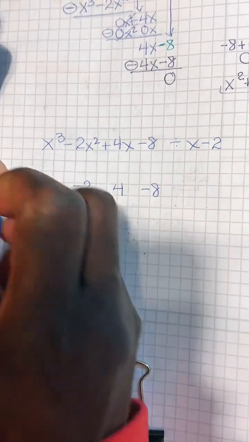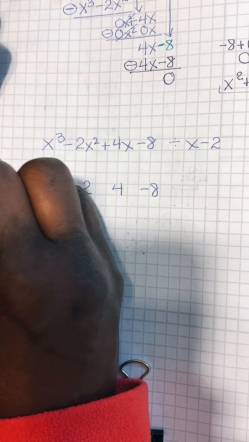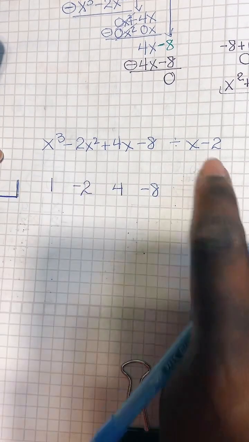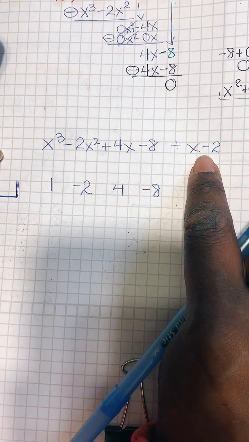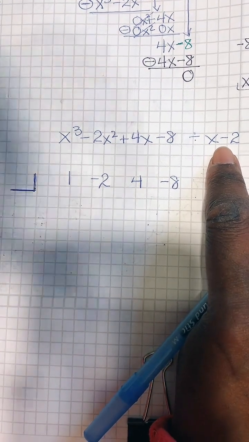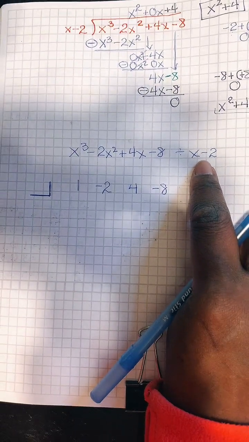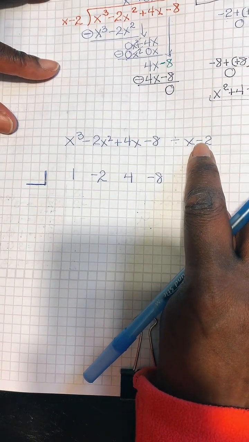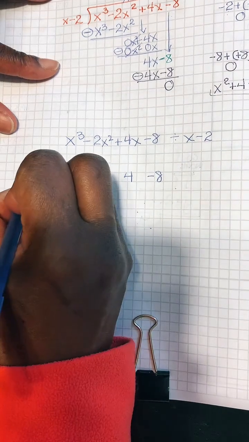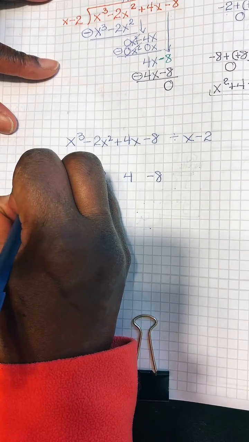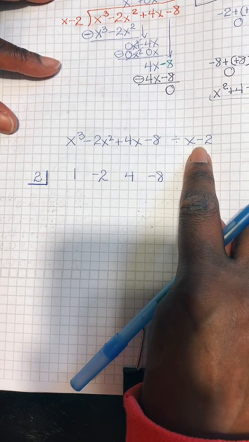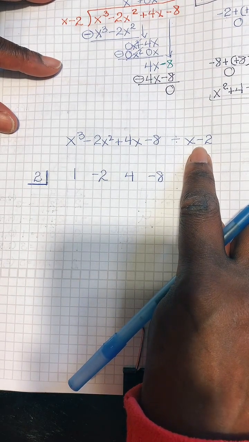So I'm going to set inside a little box the number that represents the divisor. Let me unzoom a little bit so we can see everything. Since I see a minus 2, inside this box I'm going to put a positive 2. I always do the opposite of what I see. Are we all right?